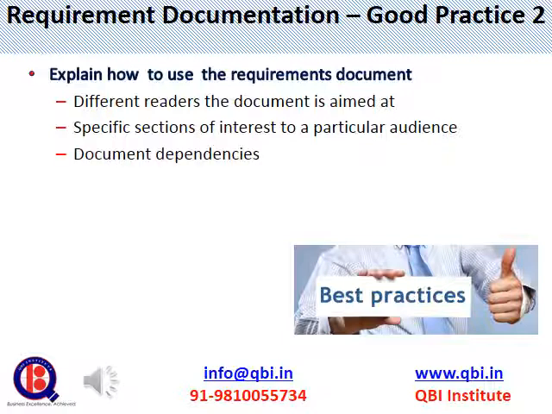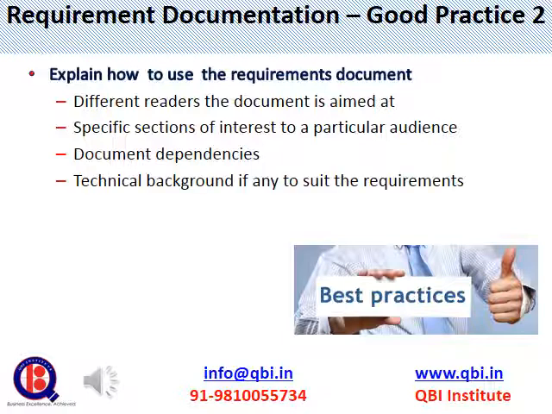Dependencies, which mean if particular sections of the requirement document have references to some other documents, then those pointers must also be provided. If to understand a section of the requirement document you need a particular technical background from the reader, you must explain the same as well. Now it is time to move on to requirement document good practice 3.